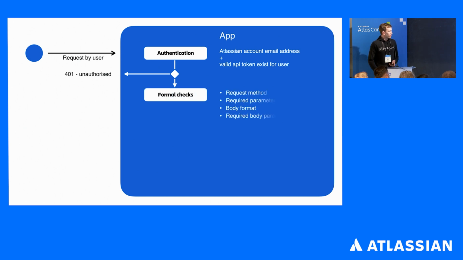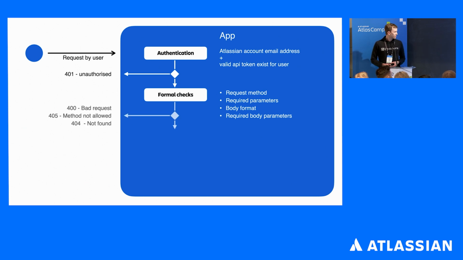Next, we run some formal checks regarding the request method. Is it correct? Are all required parameters there? Is the body format correct in case of a creation request? And also if all body parameters are available.